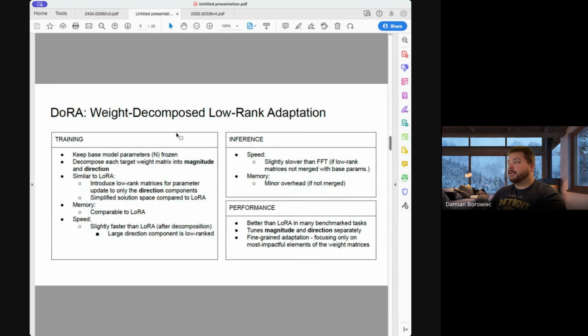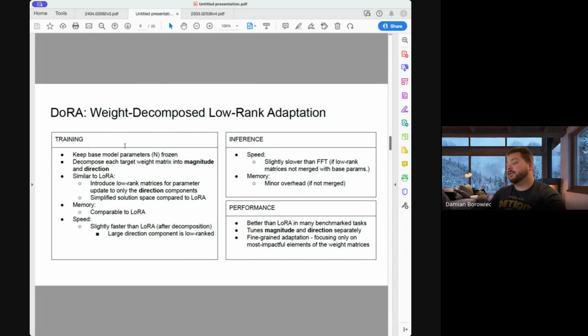So I guess the state of the art at the moment is something called DoRA. This is weight-decomposed low rank adaptation. It's an iteration on the idea of LoRA, where we keep the base model parameters frozen again. However, what we then do is look at the weight matrix of the model, and we split it into the magnitude and direction components of that matrix.